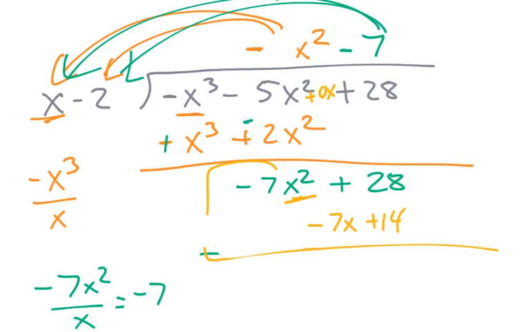We put in a 0x term, and what that does is it's essentially a placeholder, right? So what we really want to always have happen, and this is true on either the divisor or the dividend, we want these to have exponents that always decrease. And if that is not occurring, then you just insert a 0x, or a 0x squared, or a 0x to the fourth, or whatever it is, okay?